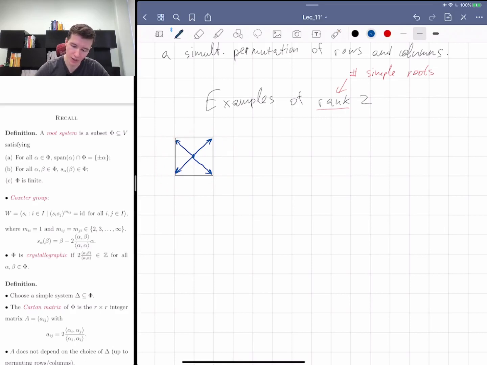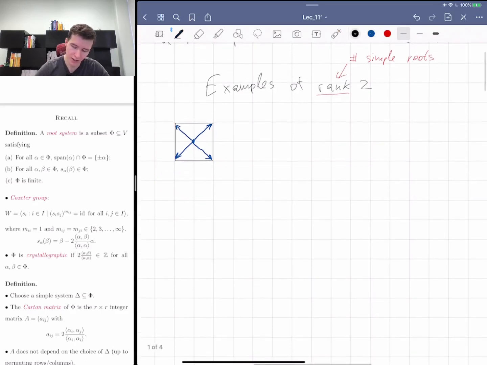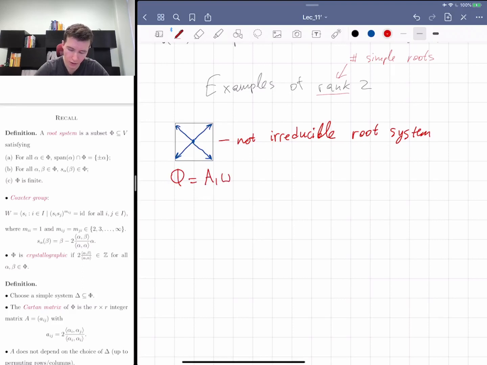And the answer is that this is not an irreducible root system, because it's a union of A1 and A1, where A1 looks like this, and I just take two orthogonal A1s, and therefore this is not irreducible.